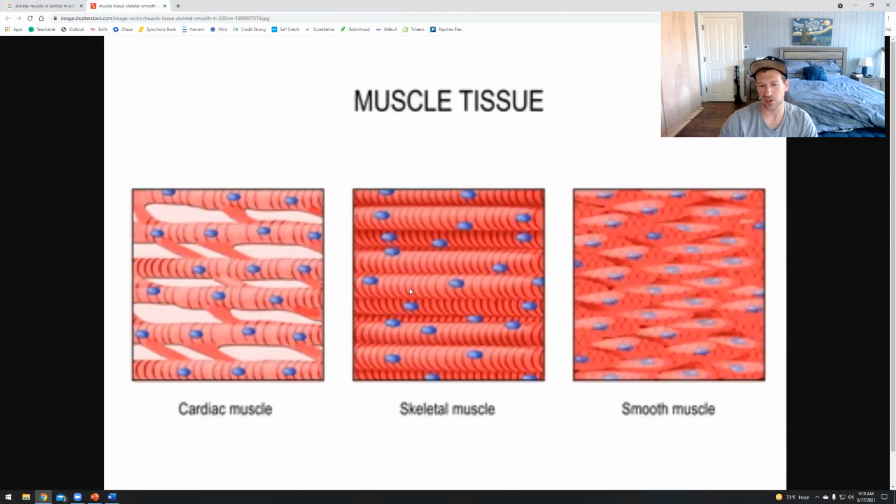You can see here's our skeletal muscle. These are really big, thick strands, and there are way more nuclei. Over here, you're not going to see quite as many. Over here, it's almost a little chaotic, but over here, they're very specifically placed, and the fibers are a little less tightly packed.